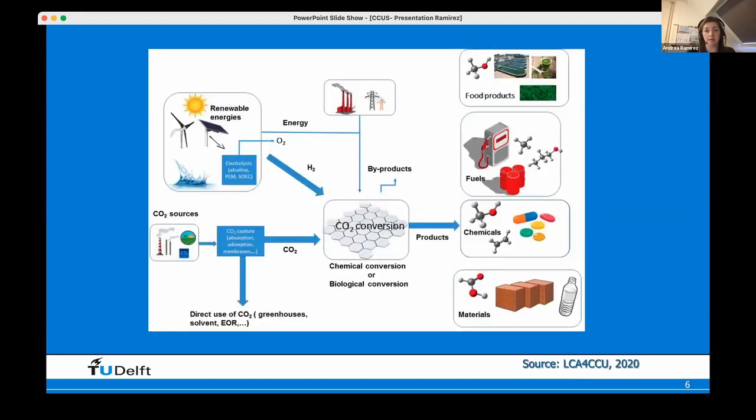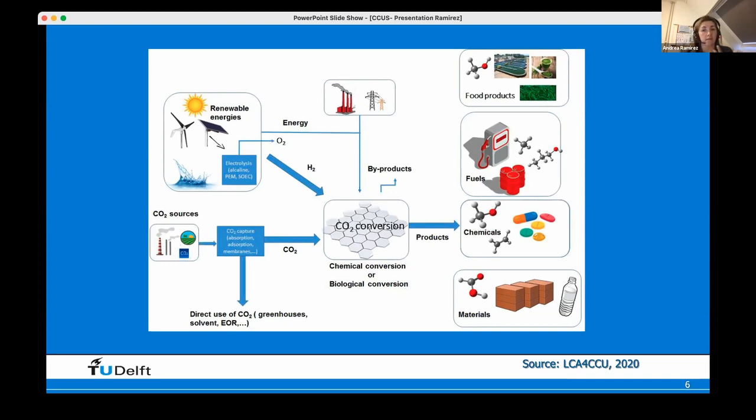So I think it is inherent to the strength of CCU that it produces a lot of products. Therefore, it's very difficult to just say that all of them together are the way to go. The assessments that we do from a life cycle point of view, but also from a cost point of view, tend to point out that it is very case related.